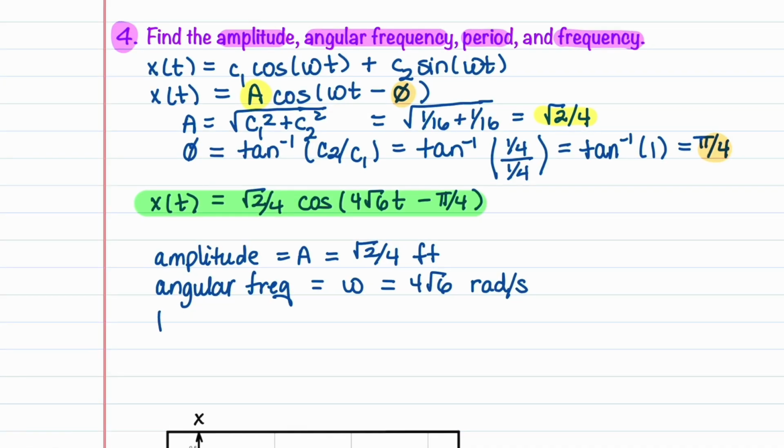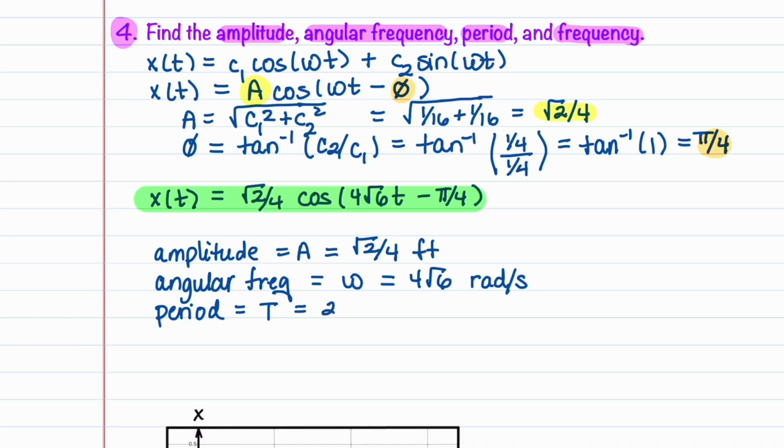Now let's find the period. That is represented by the capital letter T, and it is equal to 2 pi divided by omega. So this is 2 pi, all divided by 4 root 6. The 2 can cancel out, and this gives us pi divided by 2 root 6, and the units are going to be seconds.